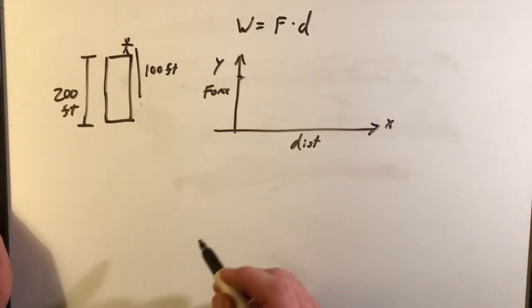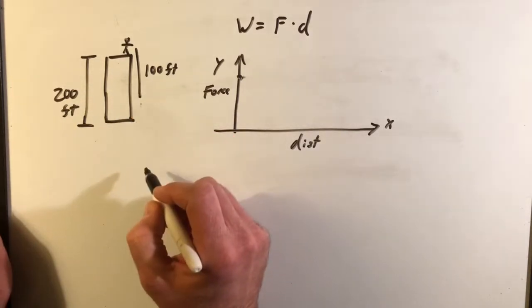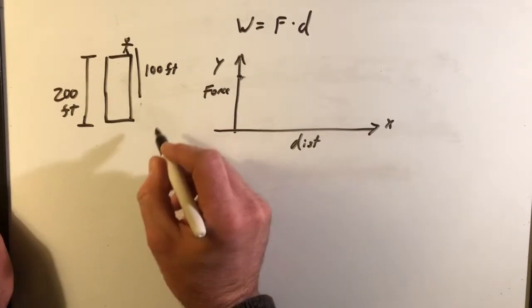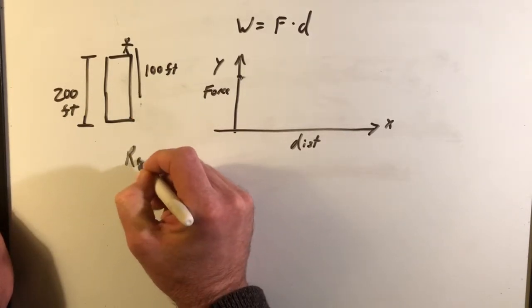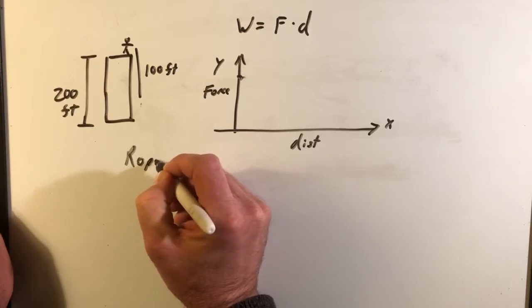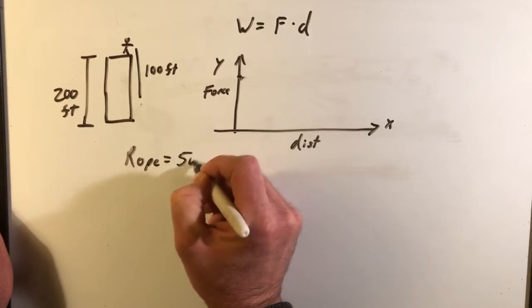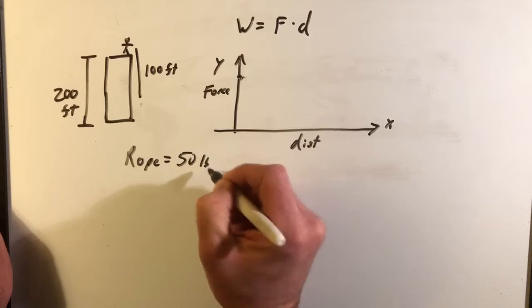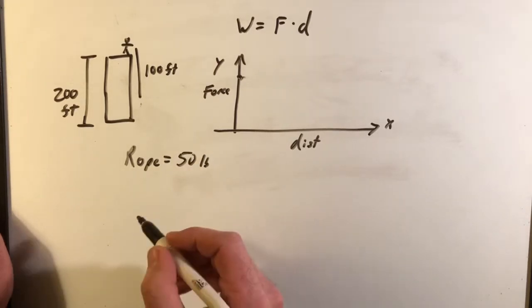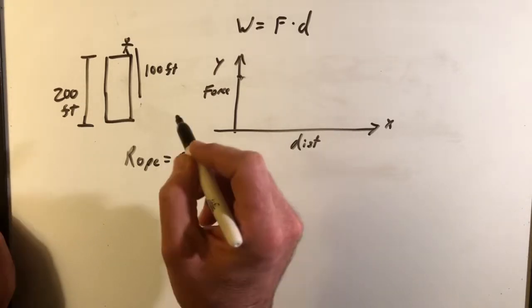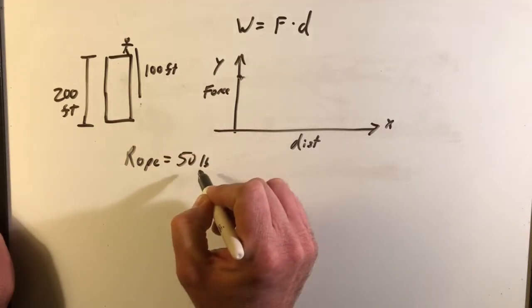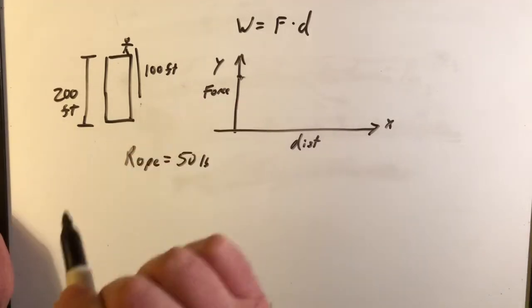So that means you're starting off at some initial force. Sometimes they say the rope weighs 50 pounds. That's one way to do it, in which case you need to know how many pounds over how many feet.